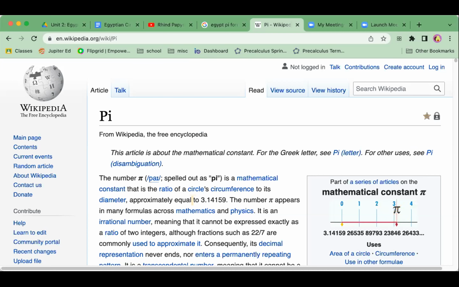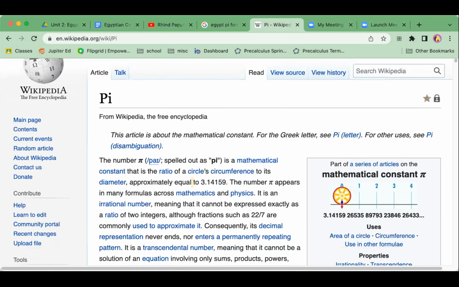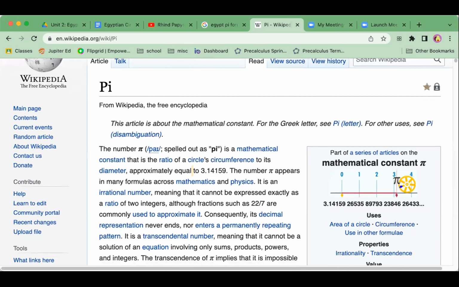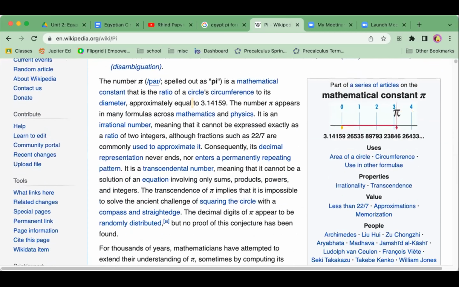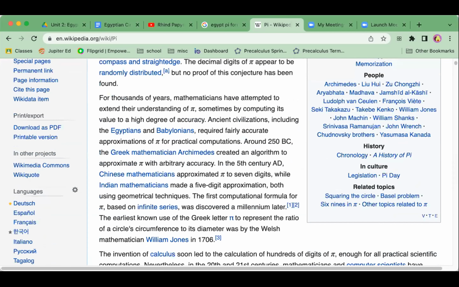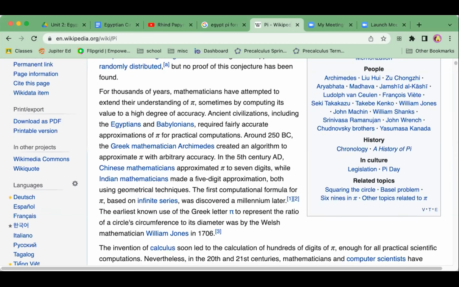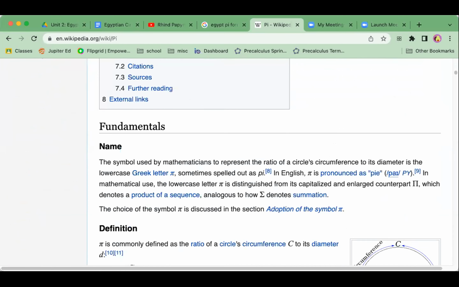I've actually thought of going in and editing this page, because it says here, it's approximately this, squaring the circle, thousands of years have attempted, and then it says ancient civilizations, including the Egyptians and Babylonians, required fairly accurate approximations of pi for practical computations. That's not true.